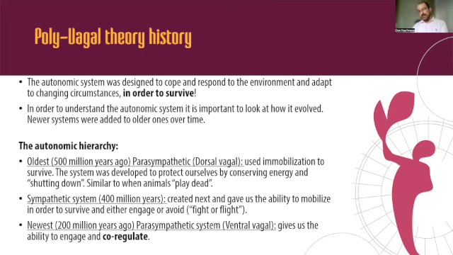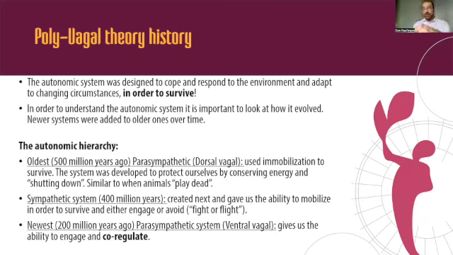And the newest system that was created is the parasympathetic ventral vagal. That system that evolved gave us the ability to engage and to co-regulate, meaning that when we live in a flock or in a group, we know what other members of the group feel or experience.